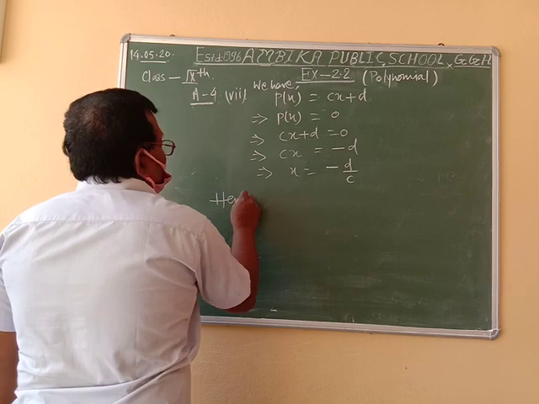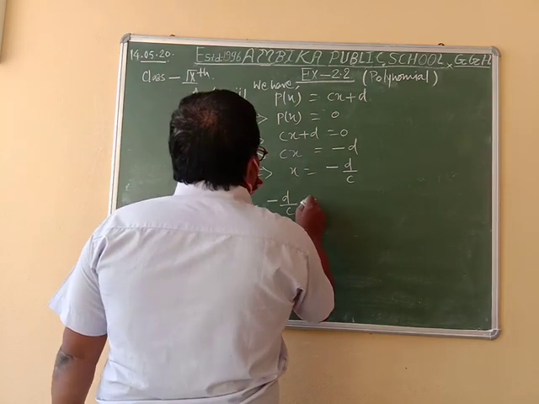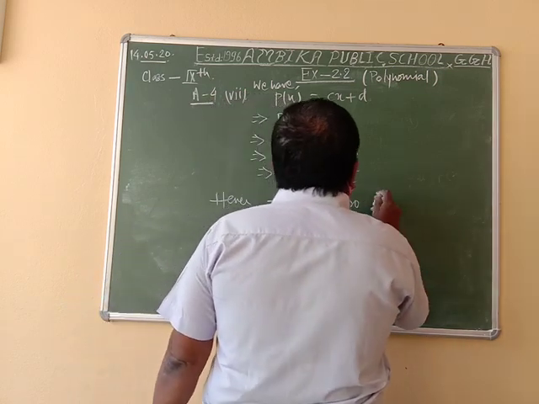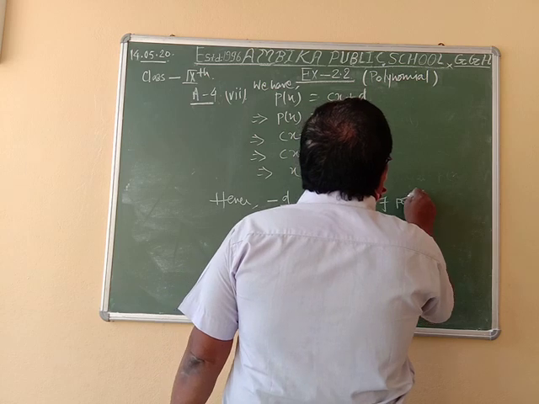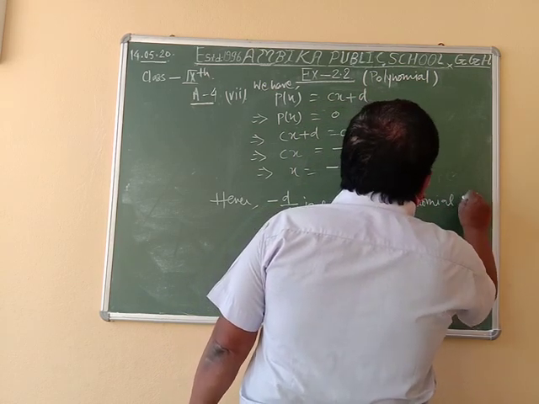Hence minus d by c is a zero of polynomial p(x).